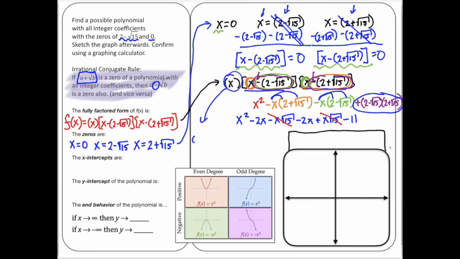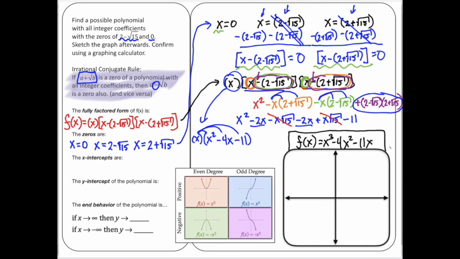So bringing down the x, and I get x times x squared, gathering up these, a negative 4x minus 11, and then finally multiplying this back in to get our fully factored form of f of x equals x cubed minus 4x squared minus 11x.